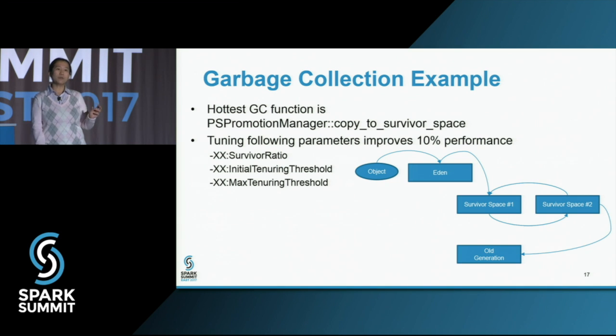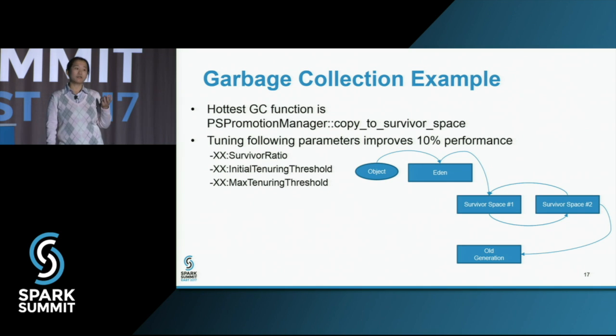When an object is created on the heap, it will first be created in the eden space. Then when doing the minor GC, it will be moved to one of the 2 survivor spaces. Whichever one is free, it will be moved there, right? The object can be bounced back and forth between the 2 survivor spaces.